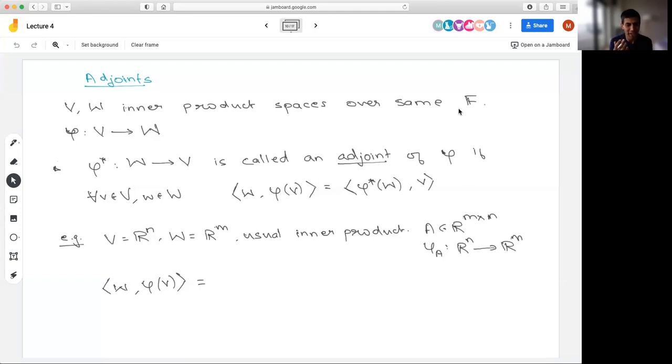We can't quite take the inner product of one thing from V and one from W, because these are like apples and oranges. If phi maps apples to oranges, phi star maps oranges to apples, so that you can always take the inner product of either apples and apples or oranges and oranges. If you wanted to compare W and phi of V, you can compute phi of V so that you now have something in the right space to take the inner product with W. Or you could go the other way: look at W, map it back to the V space and take the inner product there, and you're going to get the same value.